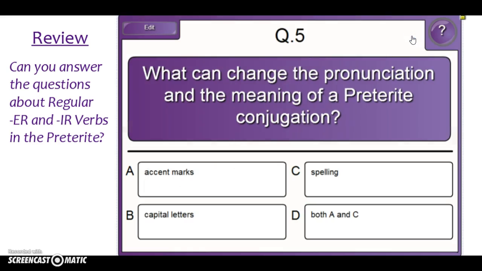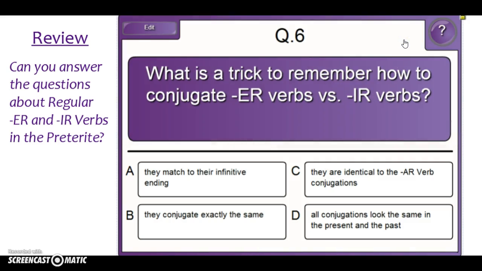So what can change the pronunciation and the meaning of a preterite conjugation? Accent marks and spelling. That can change how the word is sounded and what the meaning of that word is. So what memory trick can we use to remember how to conjugate the ER verbs related to how to conjugate the IR verbs?